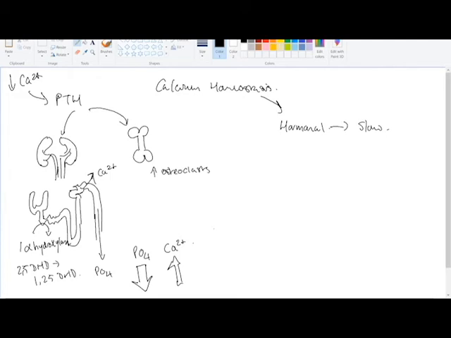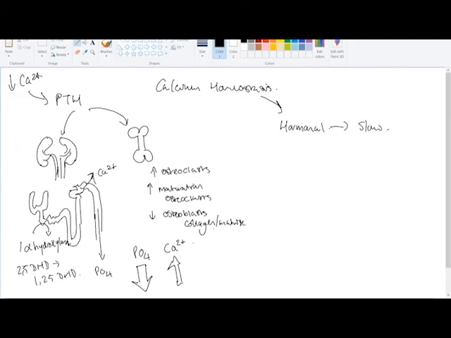It will cause an increase in the maturation rate of osteoclasts, and it will cause a decrease in the activity of osteoblasts and collagen in the matrix of bone.